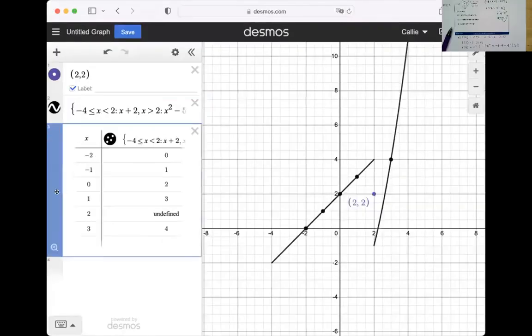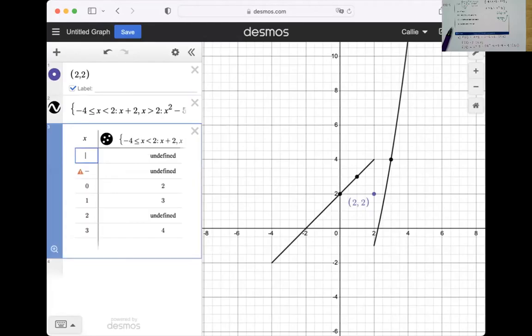Sorry. Again, here's our graph. Here's our table. They didn't ask for these. Good. They asked for x is 0, y is 2. F of 2, it's not on here. It's considered undefined, but it is the point 2, 2. And then when x is 3, y is 4, or the point 3, 4. Okay?